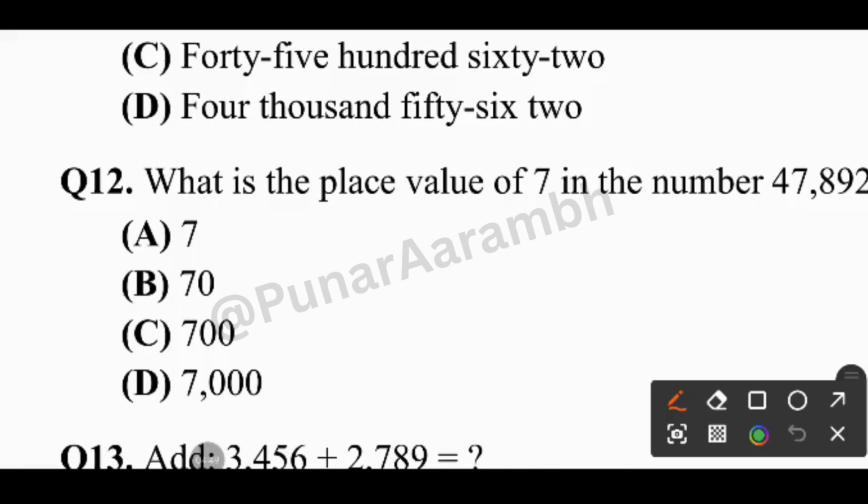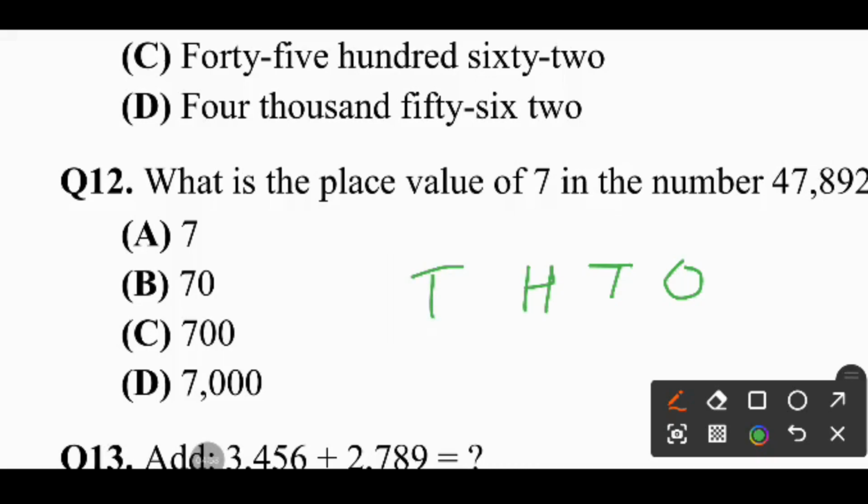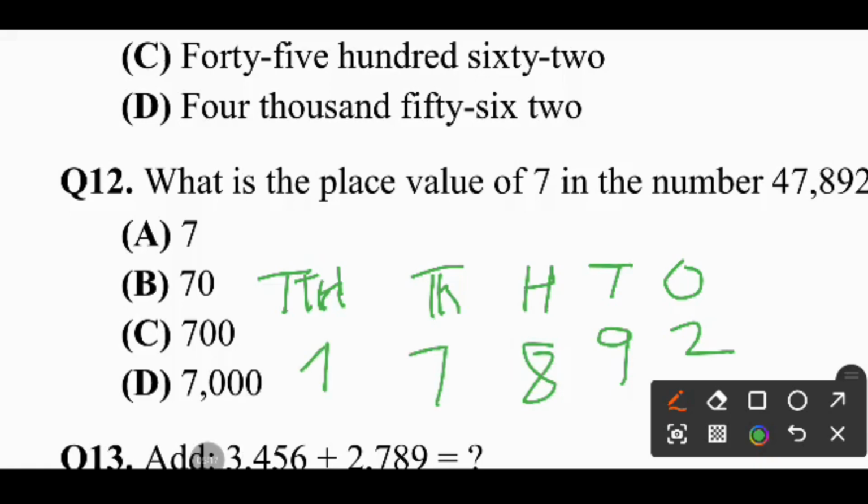Here the place value of 7 is, again we will check with this method: ones, tens, hundred, thousand, 10,000. So this is tens, this is hundred, this is thousand, and this is 10,000.